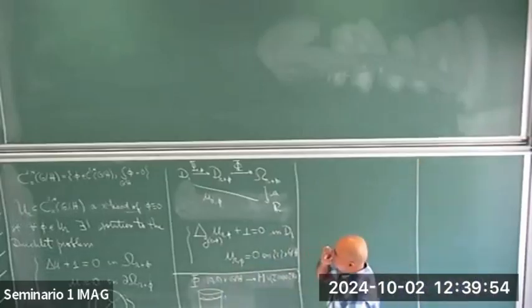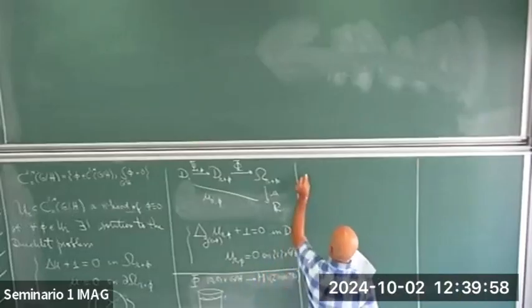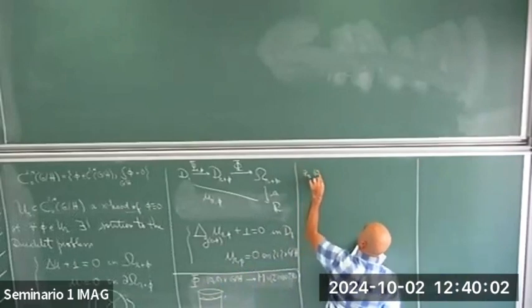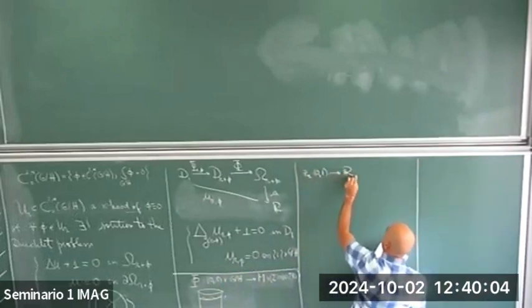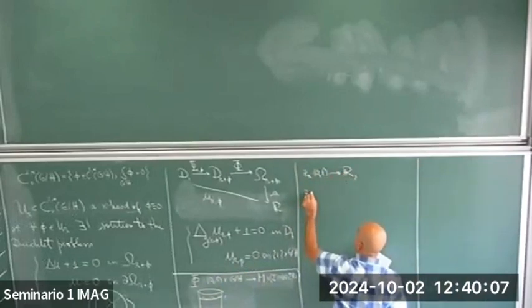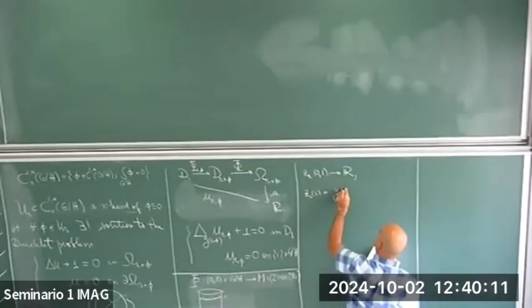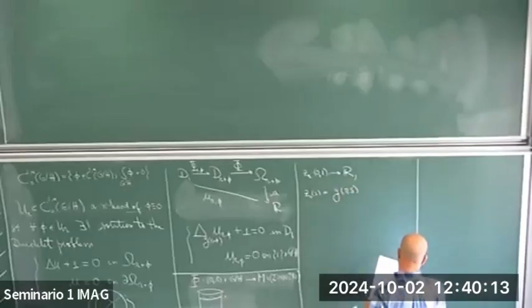We do the same with the symmetric solution, and we denote it by ZR, 0, 1. This guy is just 1. So the pullback of this.